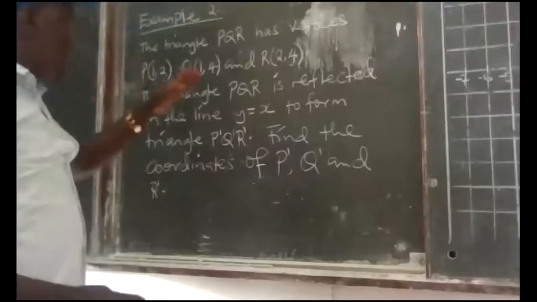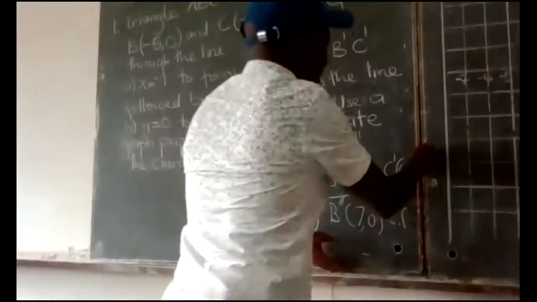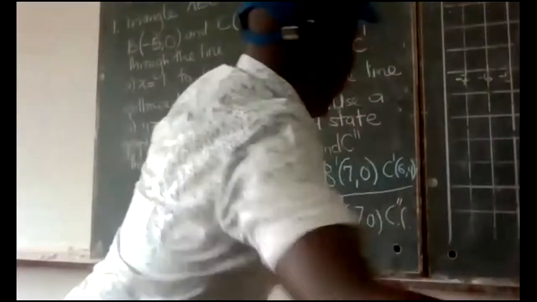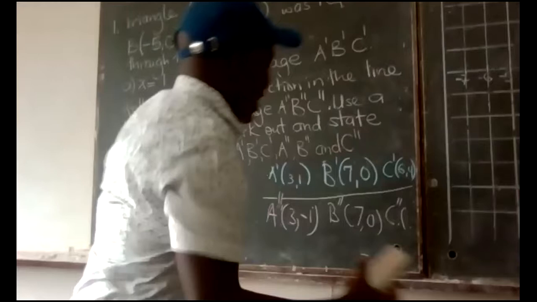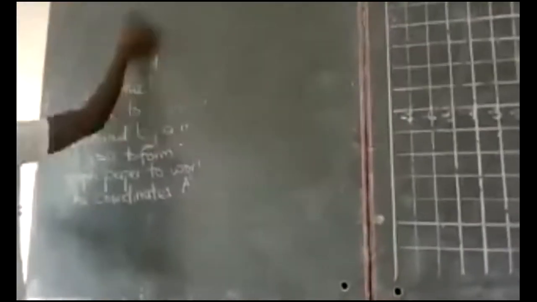Okay, so everyone has the question. I want to use this part of the board, so I cover the question. Now, we first of all get the mirror line, and we are told to reflect in the line y is equal to x.